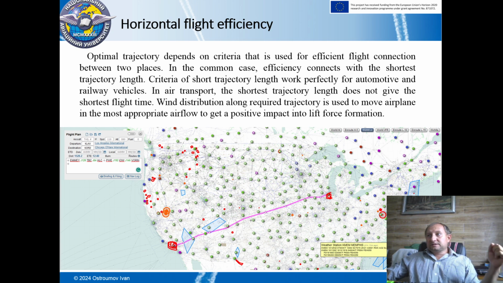The problem is that in airspace we have a specific network of flight routes. It means that an airplane cannot move through the airspace anywhere. There is a network and the airspace user has to move only within this network.